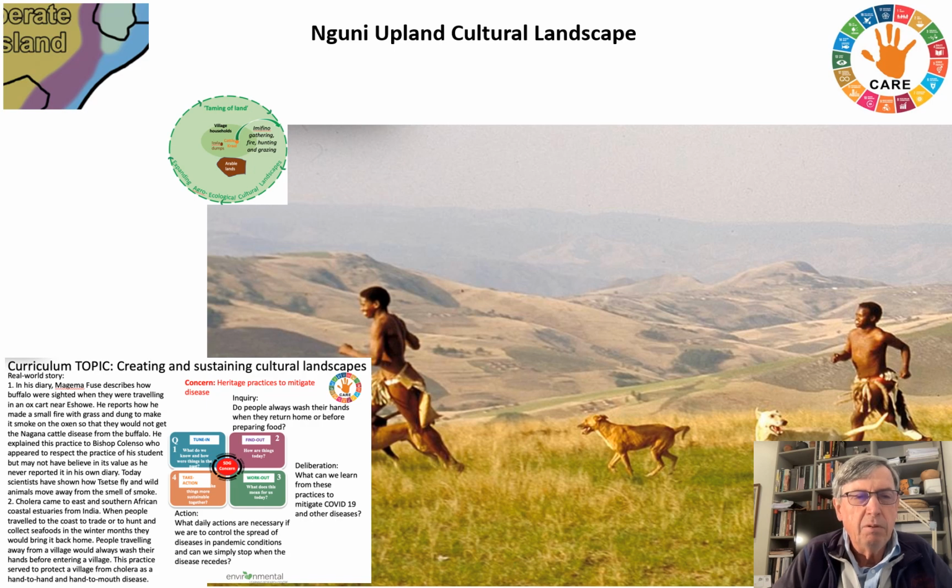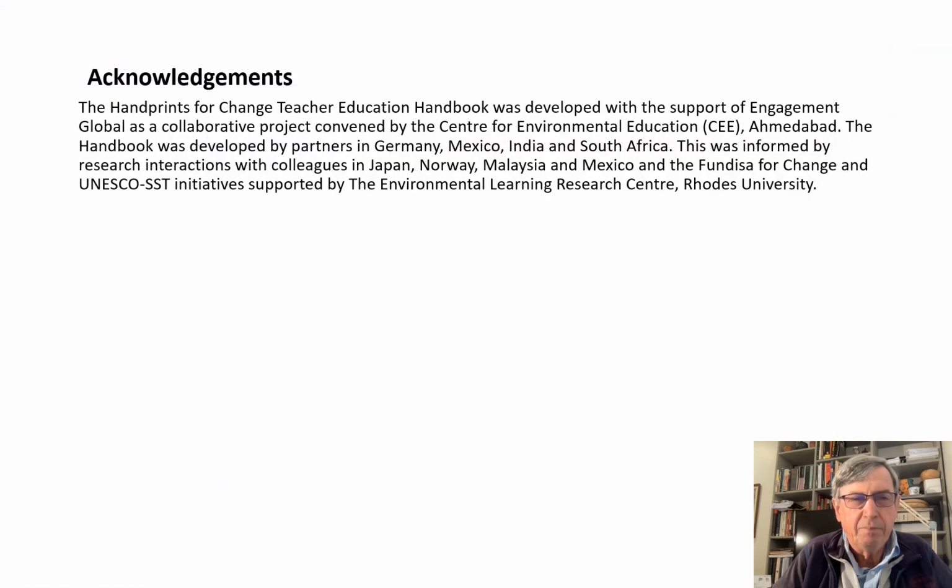So this is explored drawing on Magema Fuze's early writings, and also on the problem of cholera, which is now back with us today in South Africa as a challenge for us to look after our water resources better.